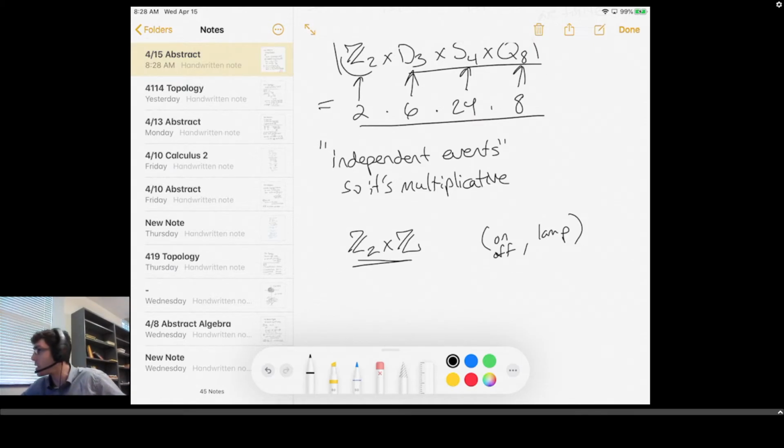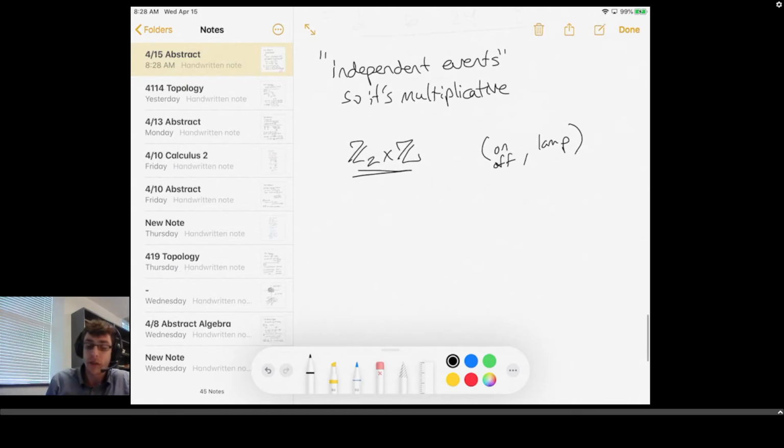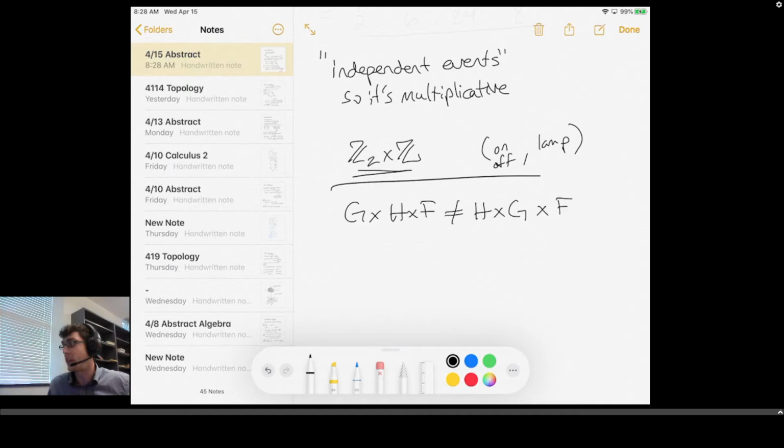Does G cross H cross F equal H cross G cross F? It does not equal it, but it is isomorphic to it. I should be clear: if G and H are different groups it's not equal.